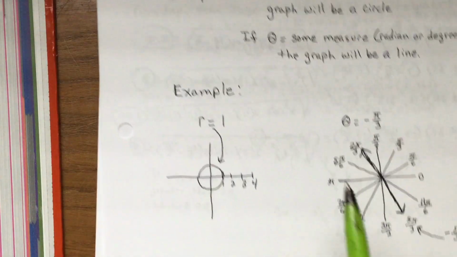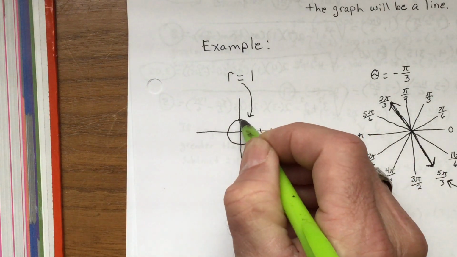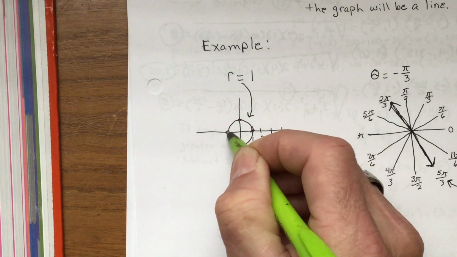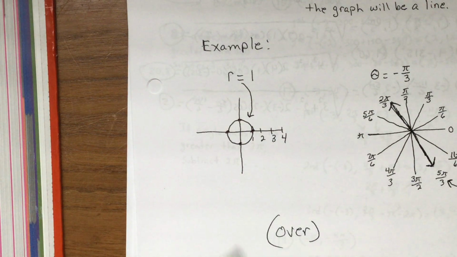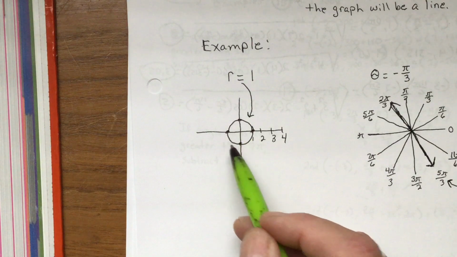For example, if r equals 1, okay, here's all the places that you could possibly mark where you are 1 unit away from the origin. Draw a circle.